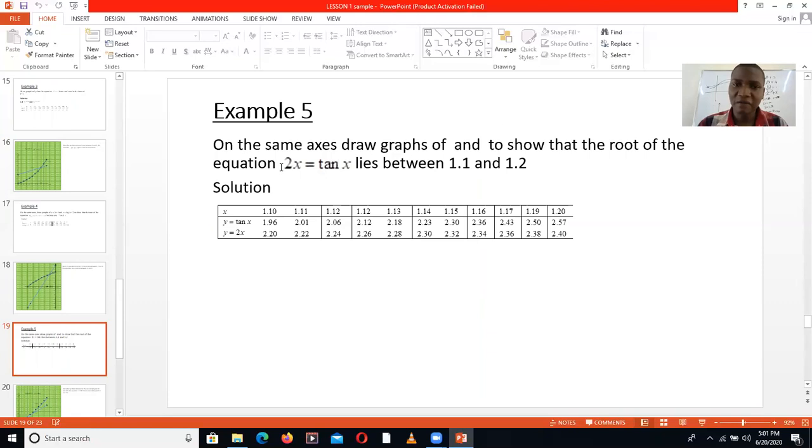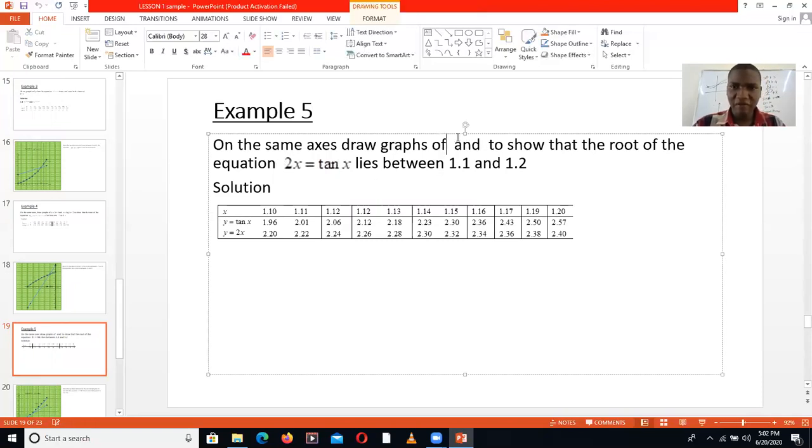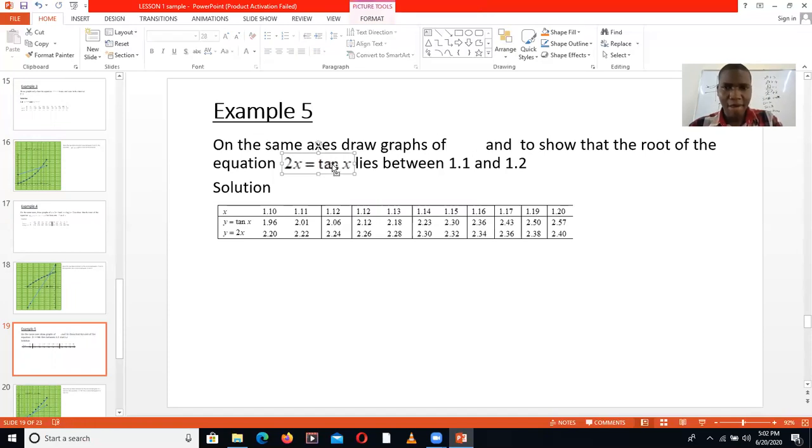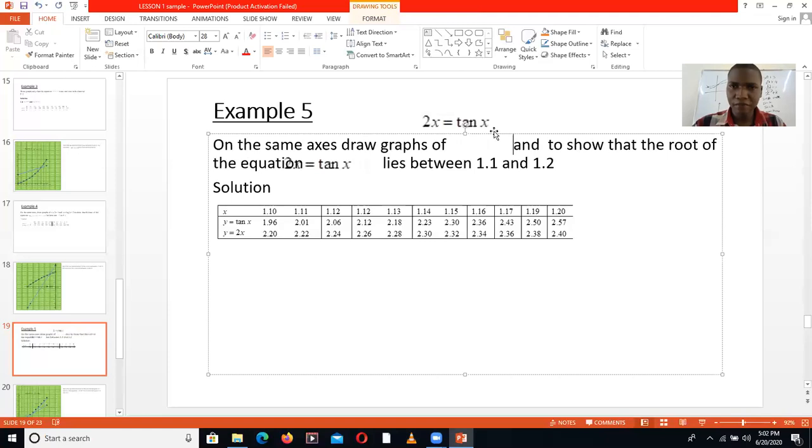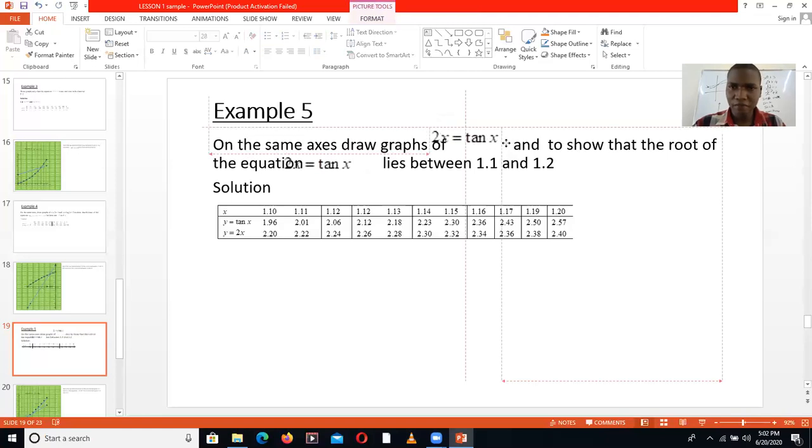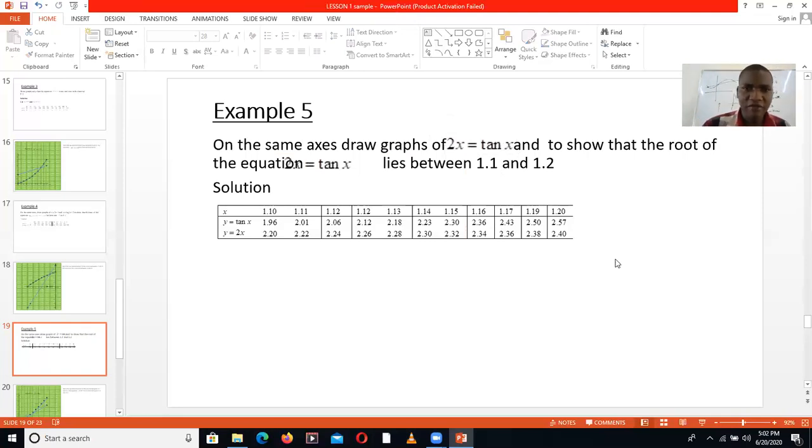Draw graphs of that to show that the root of the equation lies in that interval. This is a two graphs method.